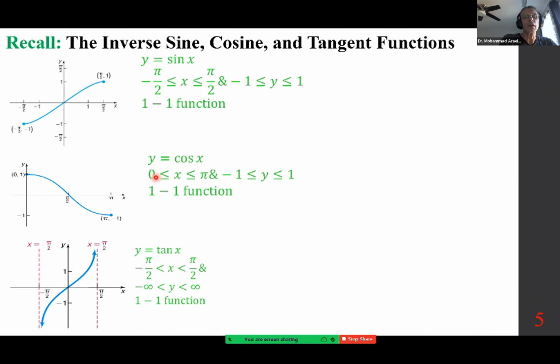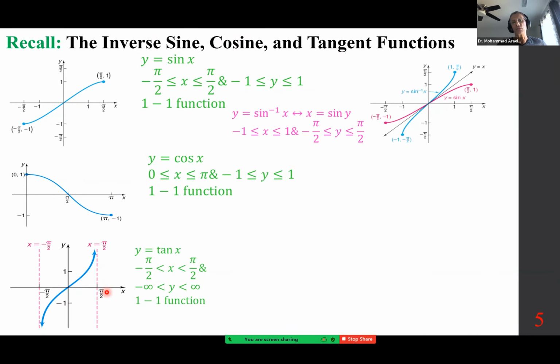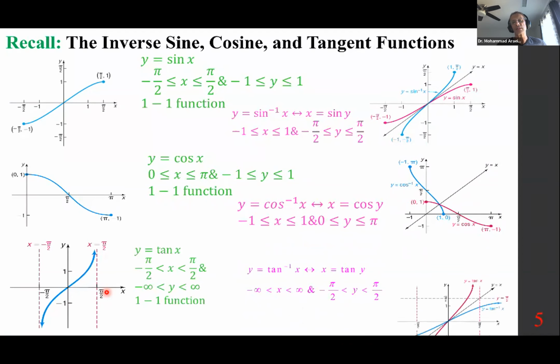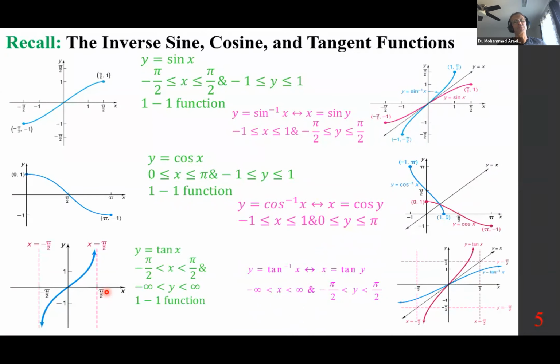Cosine, we restricted from 0 to pi. Now all 3 are one-to-one. They have an inverse function, and we wrote the definition of an inverse function as well as their graphs. So that's the synopsis of what we have done.